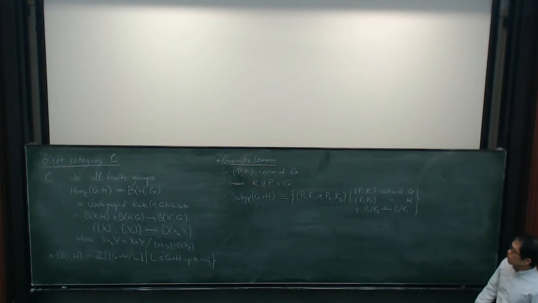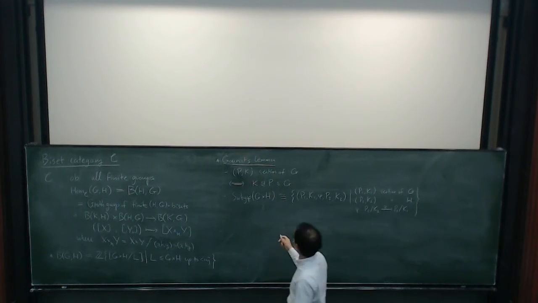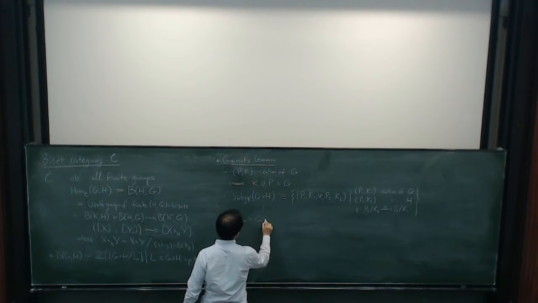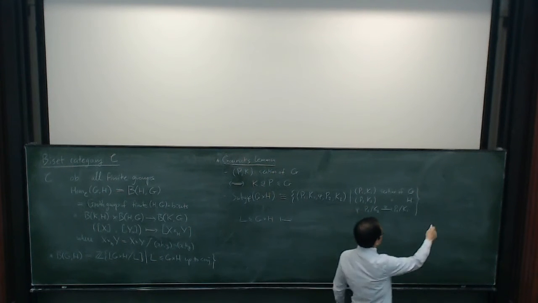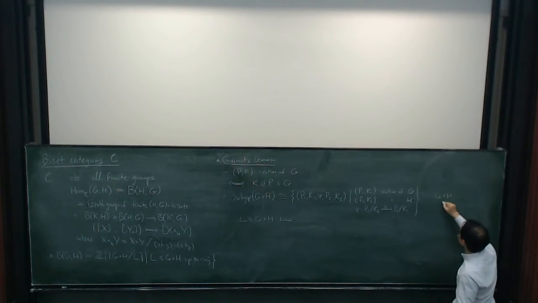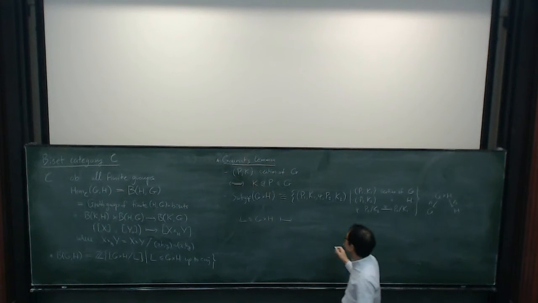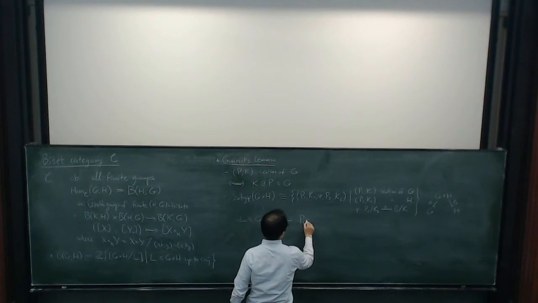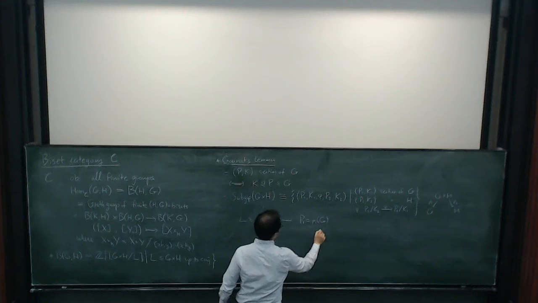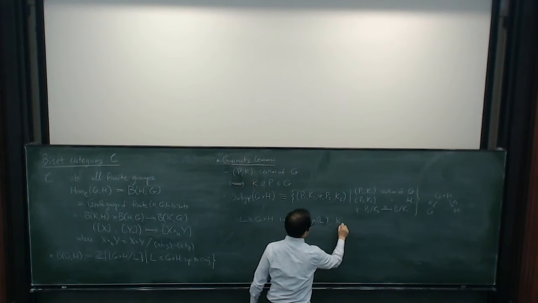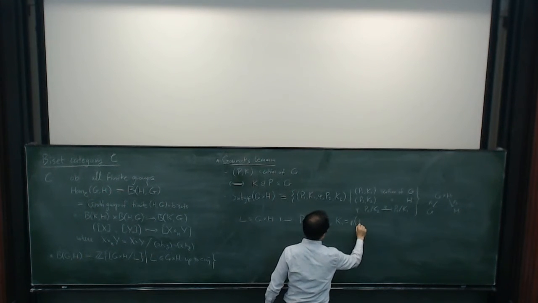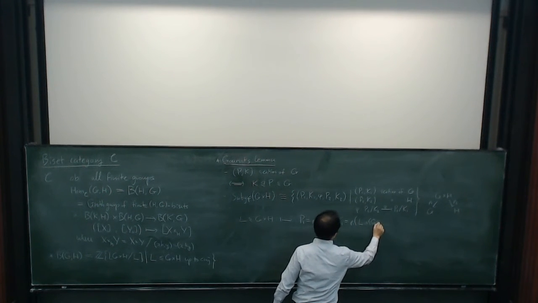And the correspondence goes like this. If L is a subgroup of G cross H, then there are projection maps from G cross H to G and H. Let's call them P1 and P2. Then capital P1 is the image of L under P1, and K1 is the image of L intersected with G cross 1.